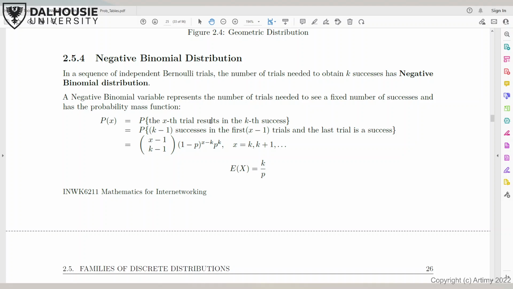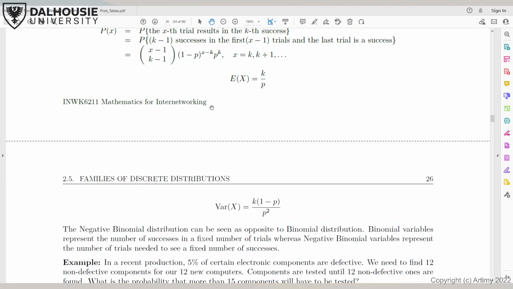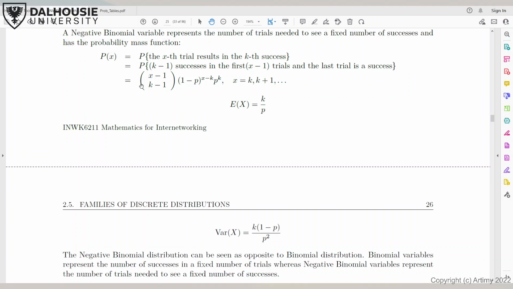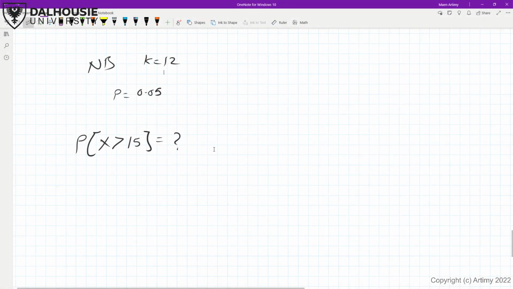Same thing with the geometric. X has to start from 1 and above. I cannot have a success from no trials, from 0 trials. Okay, so these are the things that you need to keep an eye on, but solving the P of X for all the values is going to be difficult. One difficulty is that it may go to infinity, right? So there is no upper limit for this.